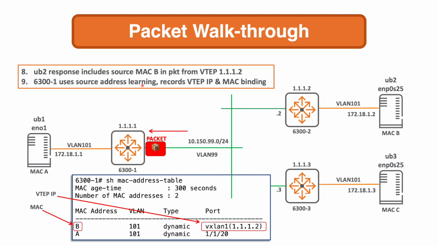So it will record the VTEP source address that the packet came from, that being 1.1.1.2, this VTEP here, and it will look at the inner Ethernet header, which will include the source MAC address of UB2, that being in this example MAC-B, and it will record that using this process, source address learning.